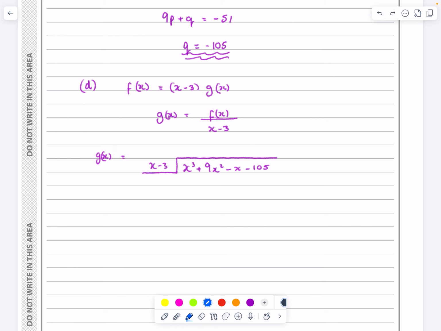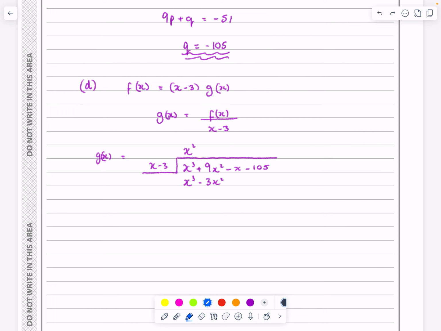It goes in x squared times, and so now it's x squared multiplied by all of that here. So if x squared is multiplied by x minus 3, what does that give me? That gives me x cubed minus 3x squared. And then what I need to do now is subtract this from this.